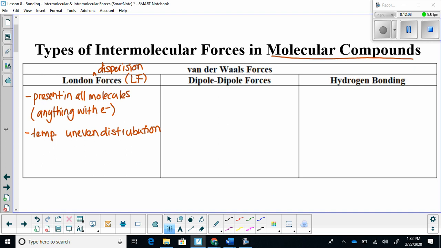Distribution of electrons. More electrons equals more London force, and this is the weakest force that we have. Very weak.